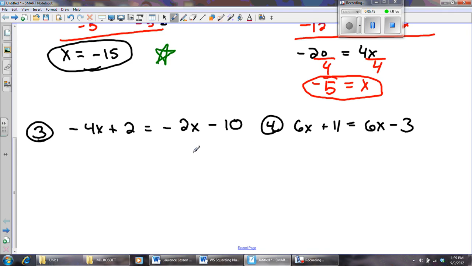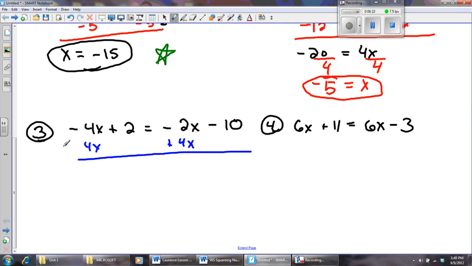If you're feeling really good about this, go ahead and pause and then try to solve these two. If you still need to see me do them, that's fine. Here's my solution. I'm going to add 4x to each side. Remember I suggested on the previous problem that you take away the smaller amount of x's. -4 is smaller than -2, and taking away a negative is the same as adding a positive.